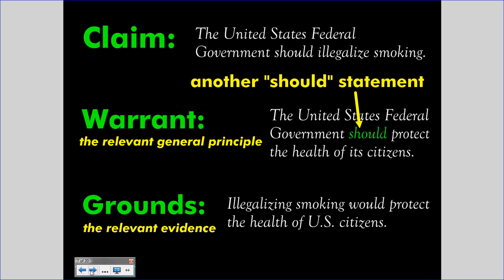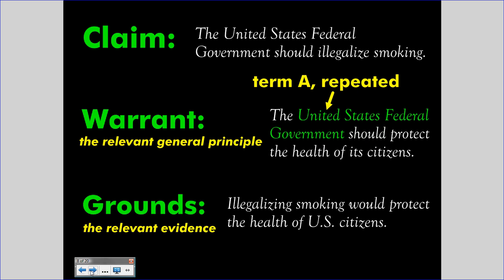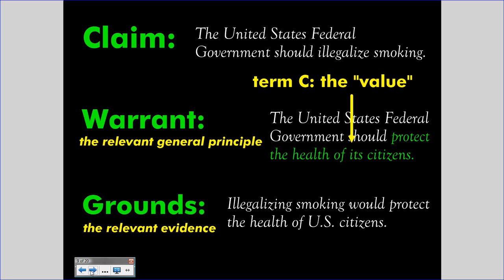And when we take a look at the warrant, we once again have term A. The warrant will repeat term A, that being the responsible party. So term A is in there again, and you'll see that it only appears twice. Term A will appear in the claim and in the warrant. Then we have the should, and now we have the value. Term C is the value. That's the goal or the ideal, the morality that you wish to achieve.